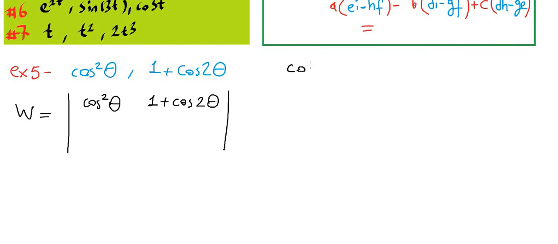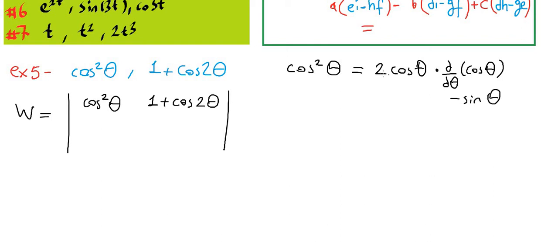So the derivative of cosine squared of theta will use the chain rule. We bring the power to the front, then we obtain 2 cosine theta times the derivative of the inside function, which is cosine theta. So the derivative of cosine theta is negative sine theta. And we have negative 2 sine theta cosine theta.